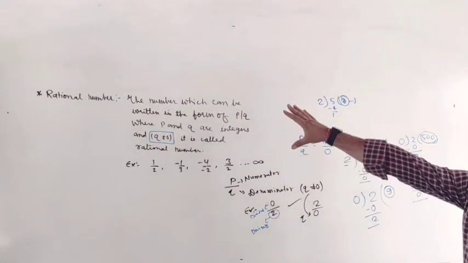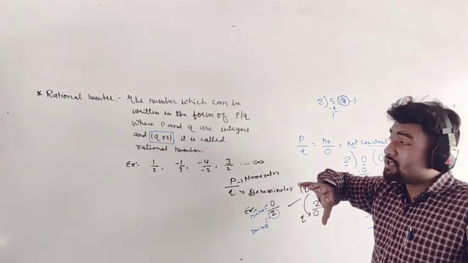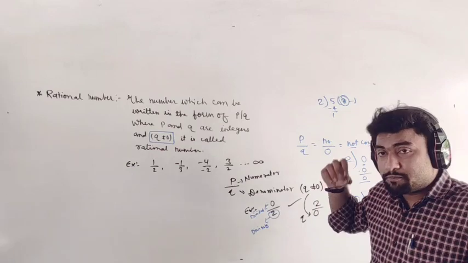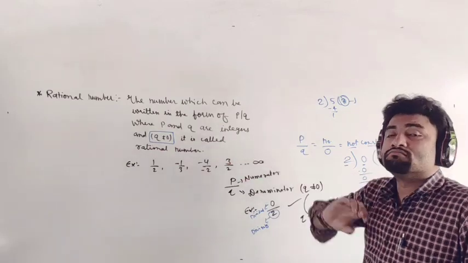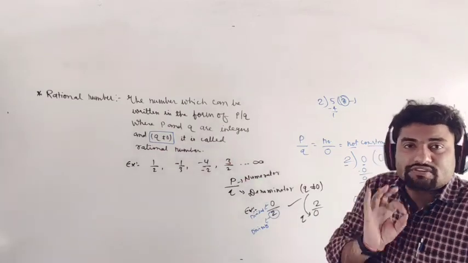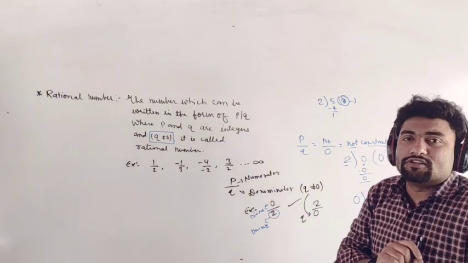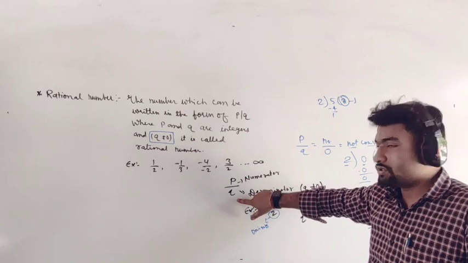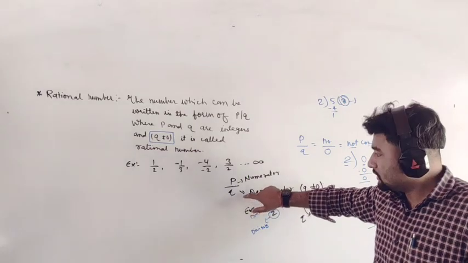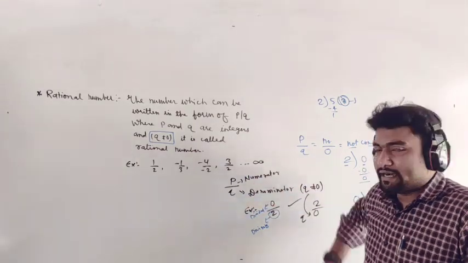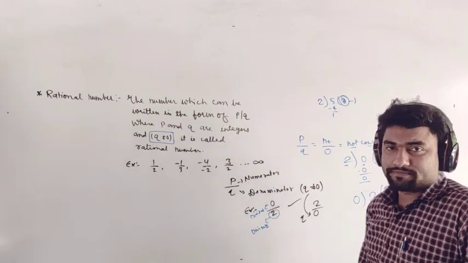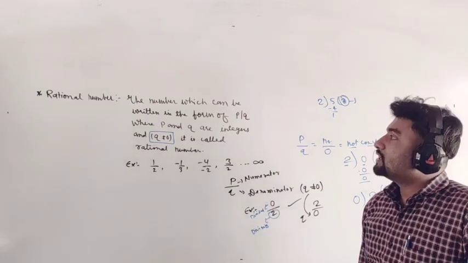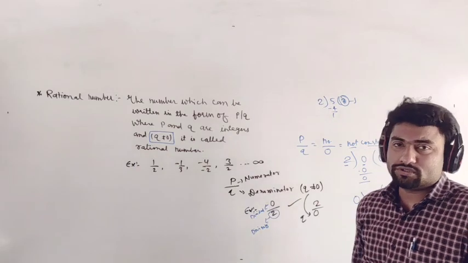Means rational numbers are those numbers that are put in my collection whose numerical value is fixed. But here, if we write q as 0 and the numerator as another number, then the numerical value is not fixed. So that is why in a rational number, q is not equal to 0.